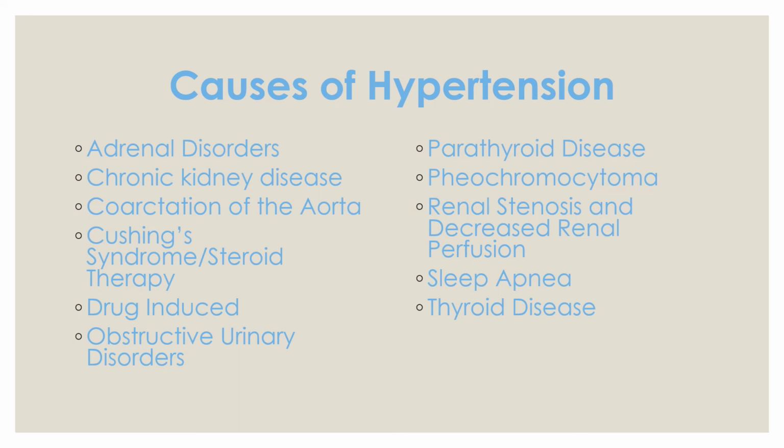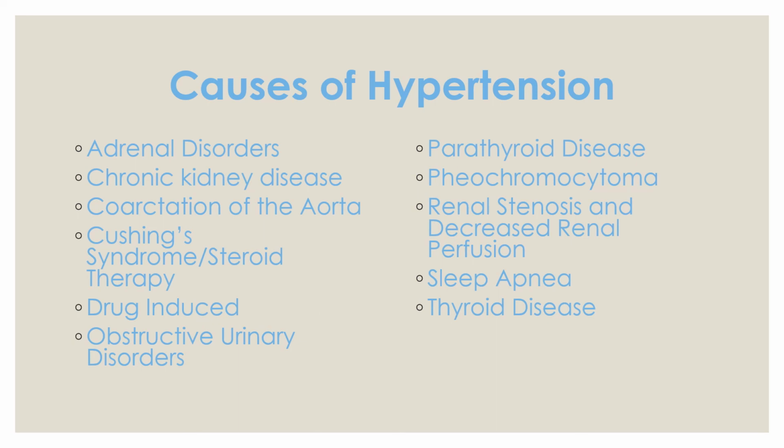kidney disease, which results in fluid accumulation, which causes hypertension, and then structural problems with the heart and surrounding vessels, such as coarctation of the aorta or valvular disorders, heart failure, and other cardiac etiologies of hypertension.